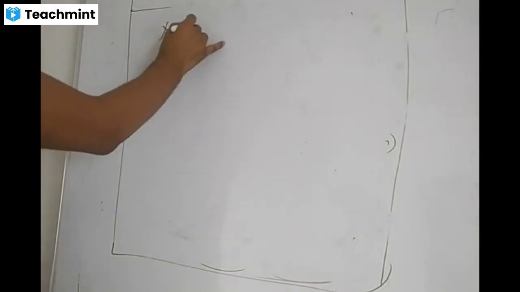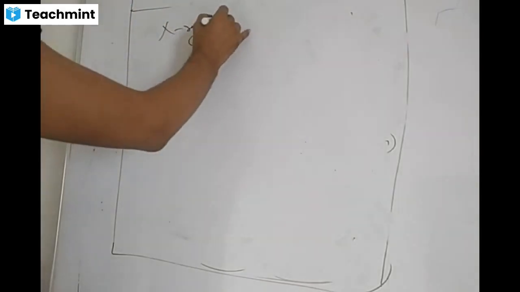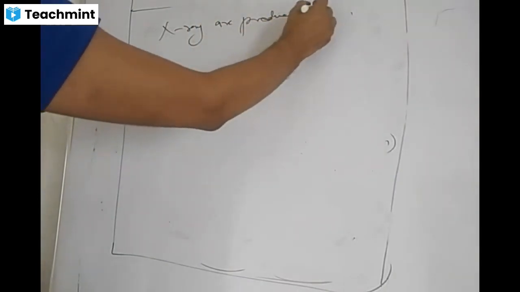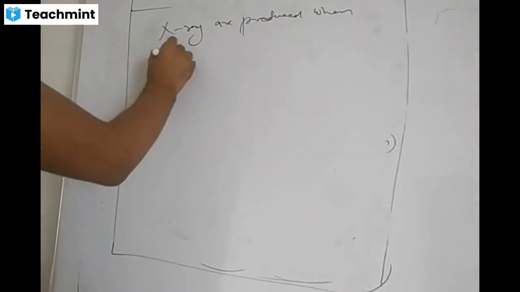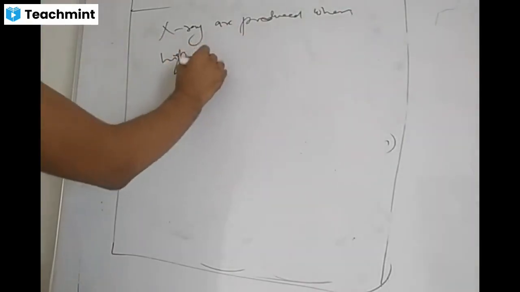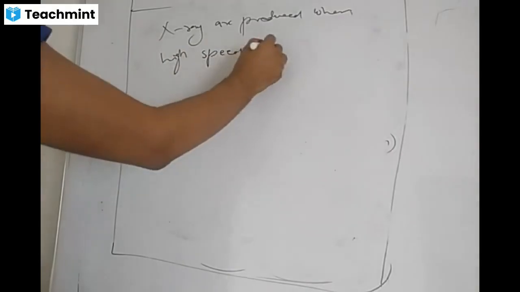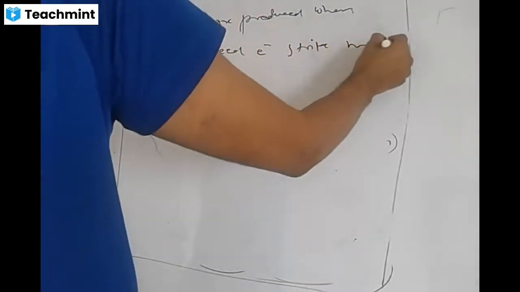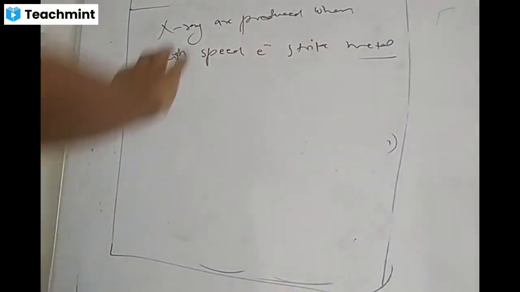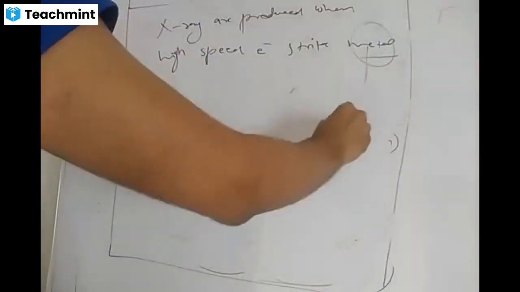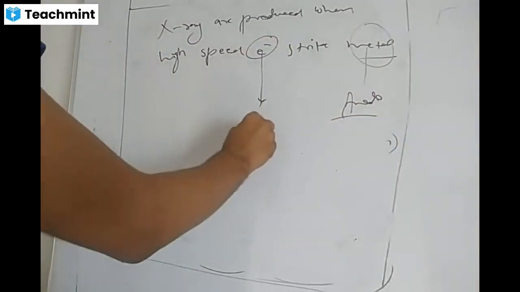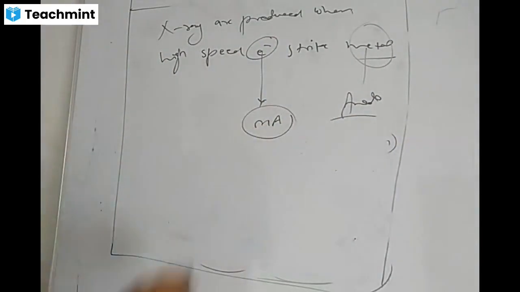So we started our lecture with this line: X-rays are produced where high speed electrons strike metal. In this concept, the metal was the anode. Electrons we can control by mA.